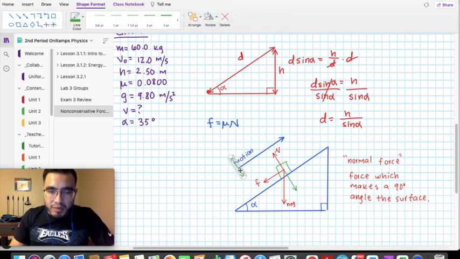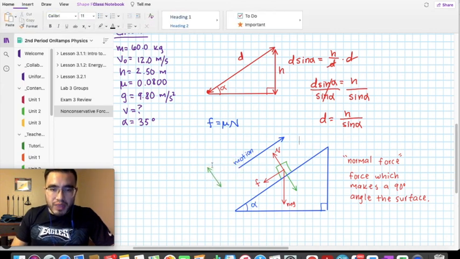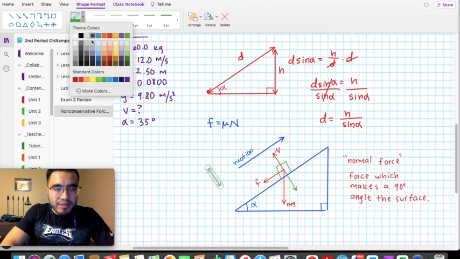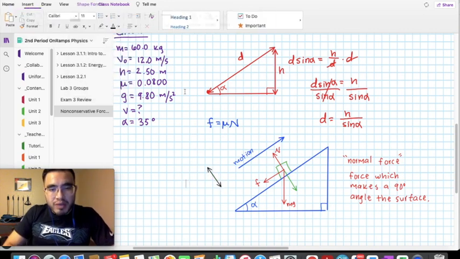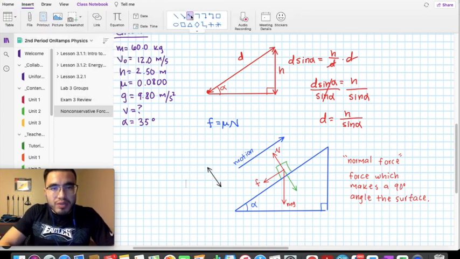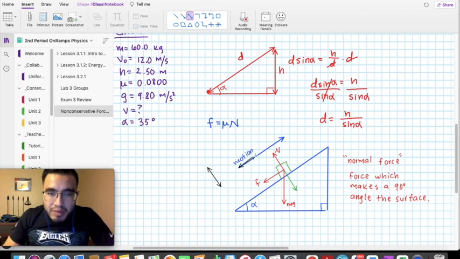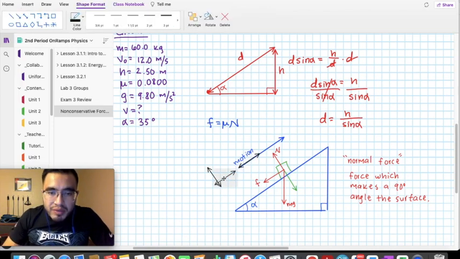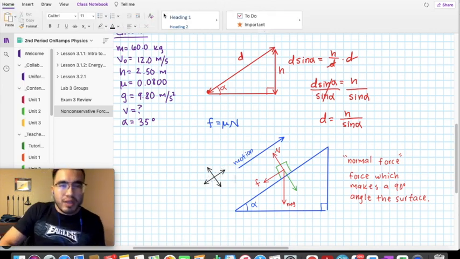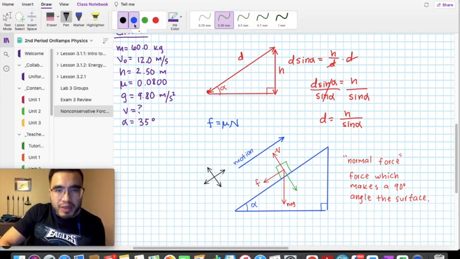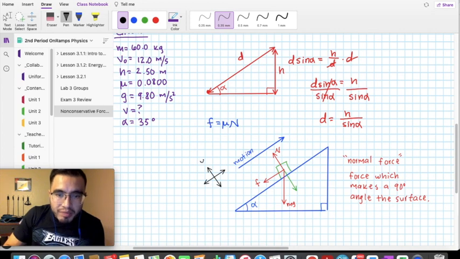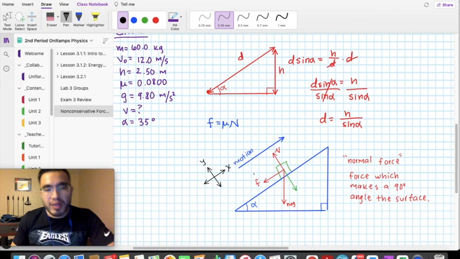So the y-axis is always perpendicular to the x-axis. So there you go. Now let's draw the y-axis. It has to be parallel. There you go. And now we label this as our y, and this is x. Okay. Now it matches the direction of motion.